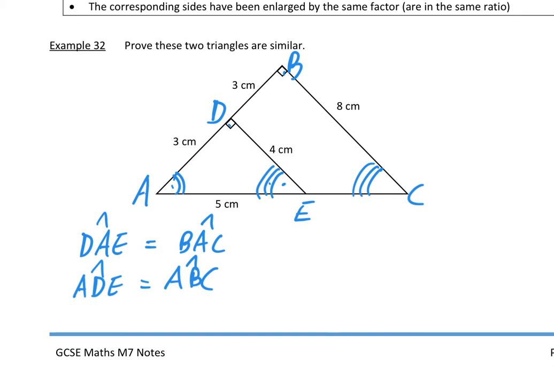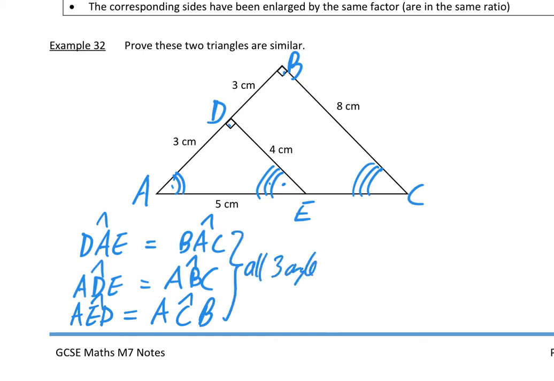So we can say angle AED on the small triangle is equal to angle ACB. So all three angles are the same, which implies they are similar triangles.